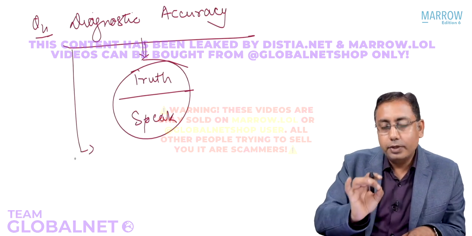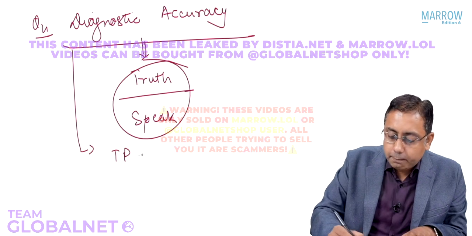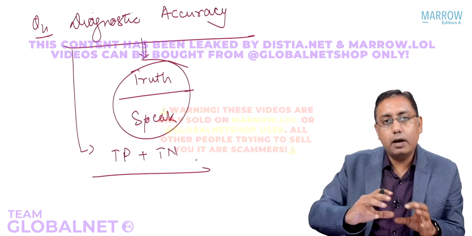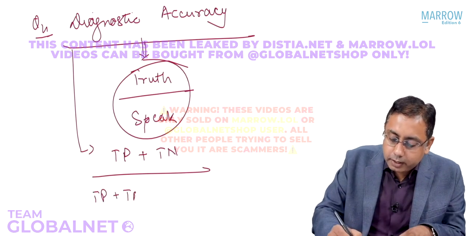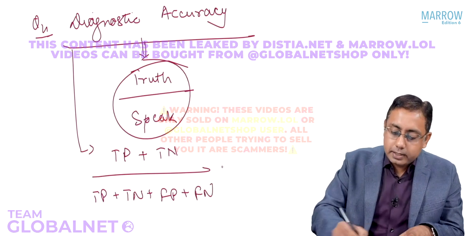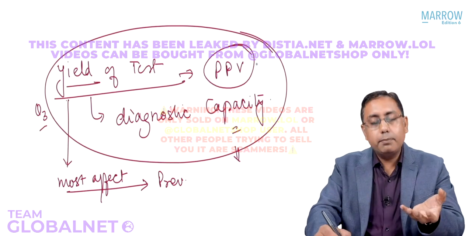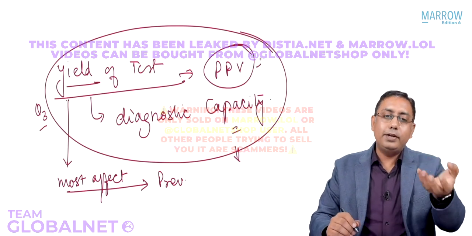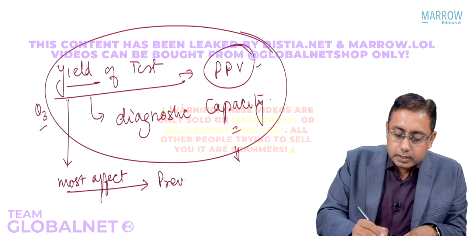Diagnostic accuracy of a test is the number of times you speak the truth, that is true positive plus true negatives, divided by how many times the test speaks, that is true positive plus true negative plus false positive plus false negative. Are you understanding? That is the diagnostic accuracy. But the diagnostic capacity is given by the positive predictive value, and you also learned about the R charts and the other things.